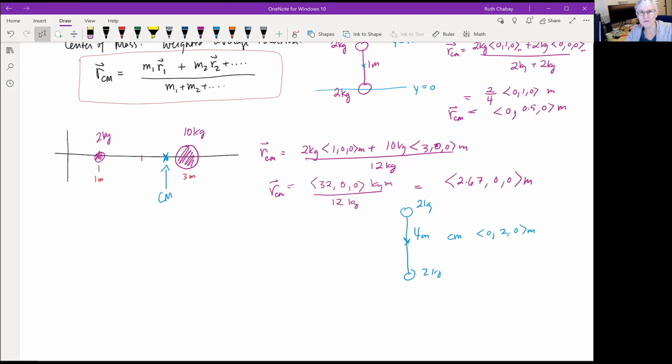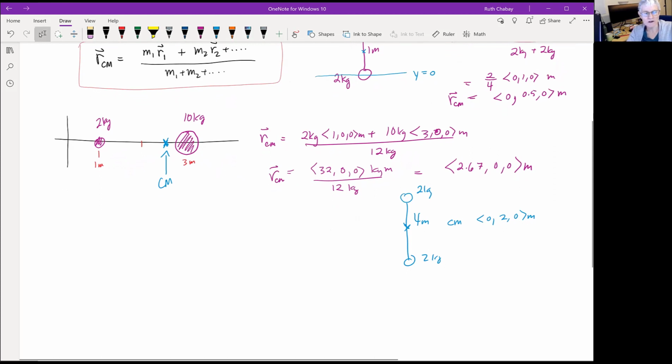The interesting thing about center of mass is that there doesn't have to be anything there. So the center of mass of a system made of a collection of objects could be at a location where there actually isn't any mass.